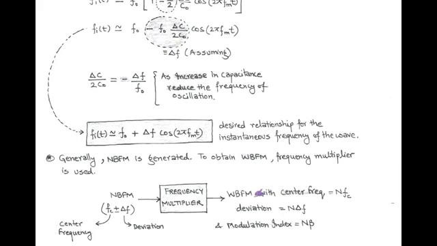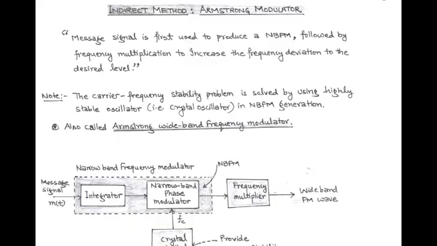That is called wideband FM. Also, if narrowband FM has modulation index beta, after passing through the frequency multiplier, we get n times beta. That is wideband FM.